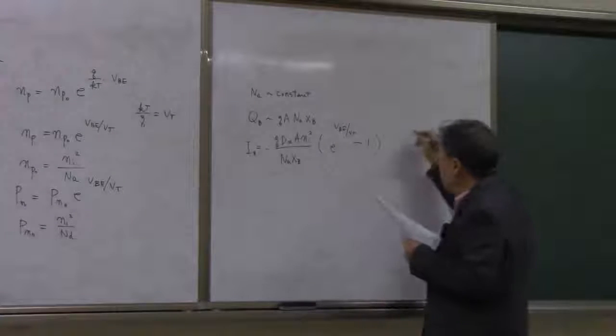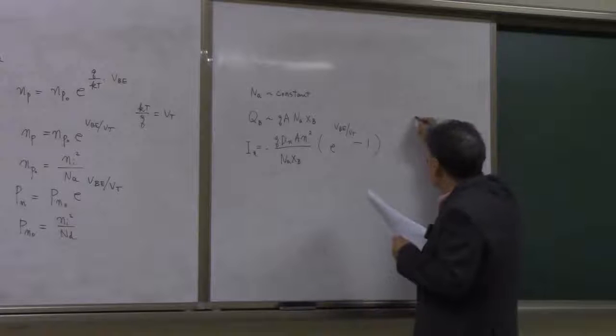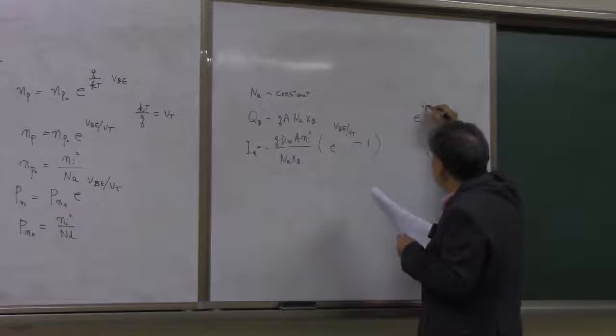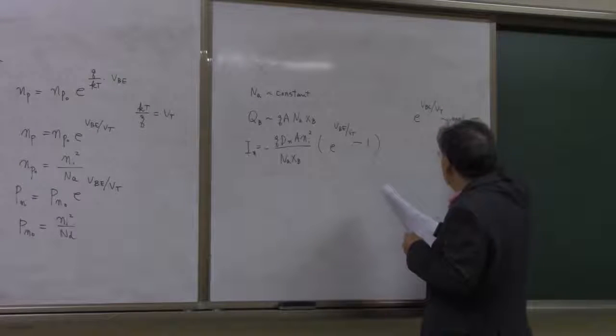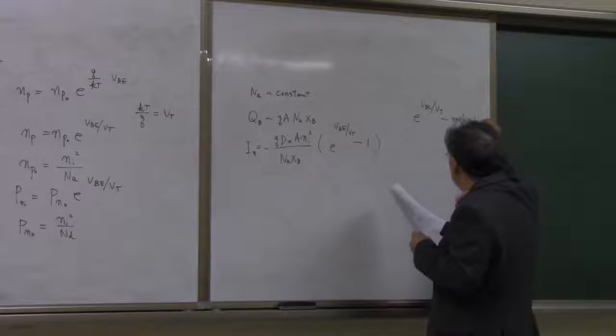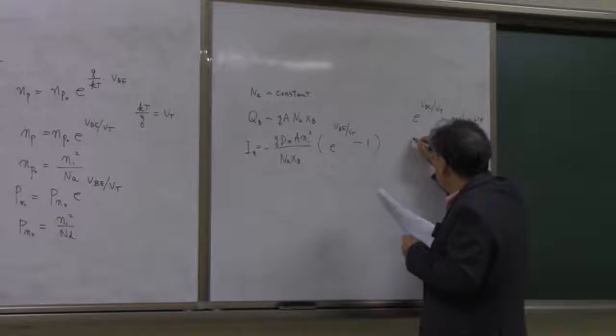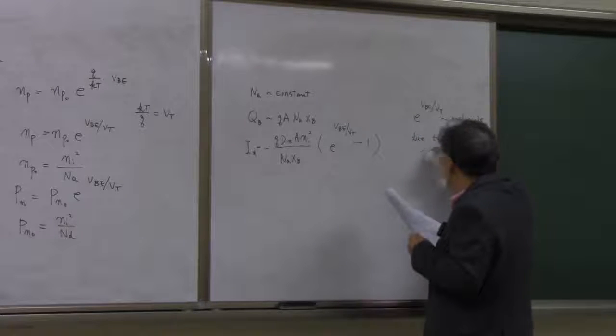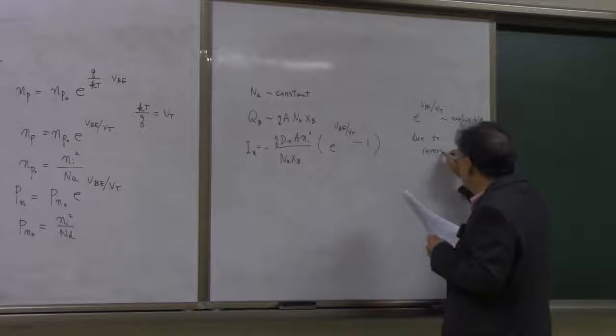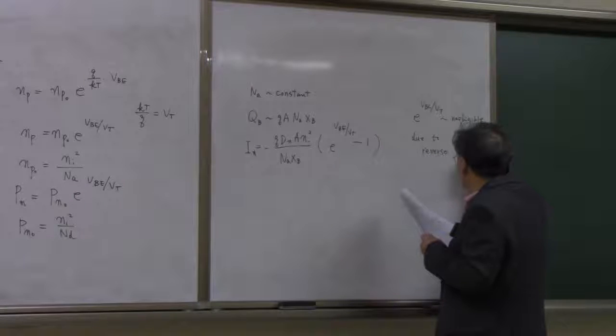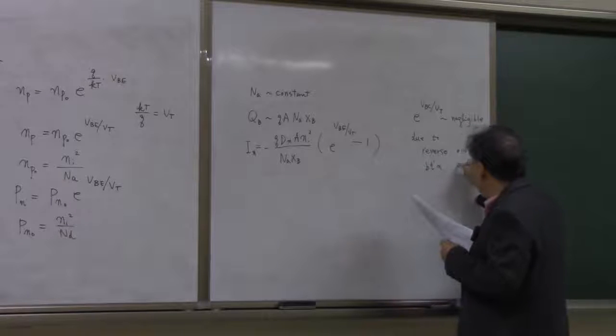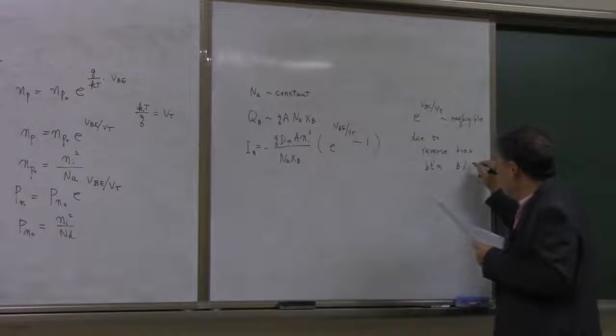In this term, we neglect the e to the BC over VT, it is negligible due to reverse bias between base and collector, right?